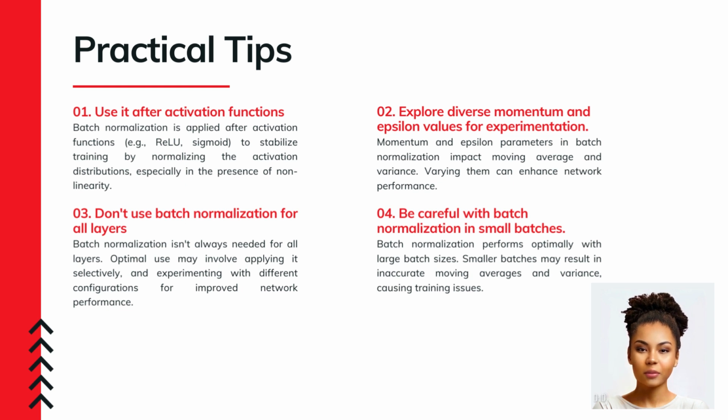Experimenting with these can optimize network performance. Selective application of batch normalization can be effective. Experimentation with configurations enhances network performance. Favor large batch sizes for optimal batch normalization performance. Smaller batches might lead to inaccurate moving averages and variance, potentially impacting training.